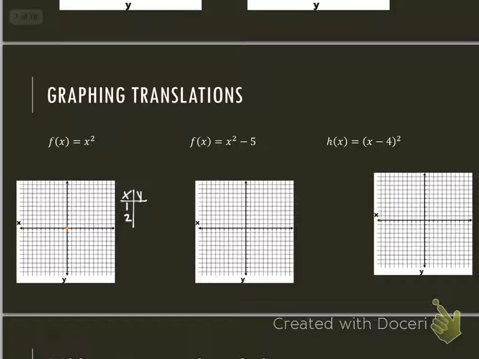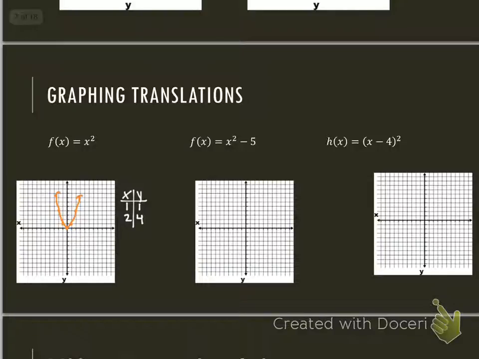So if I plug 1 in, 1 squared is 1, 2 squared is 4, so if I graph 1, 1, I go right 1, up 1, and then 2, 4, I go right 2, up 4, and then I'm going to mirror it. So this is what a generic parabola should always look like, just the normal y equals x squared.